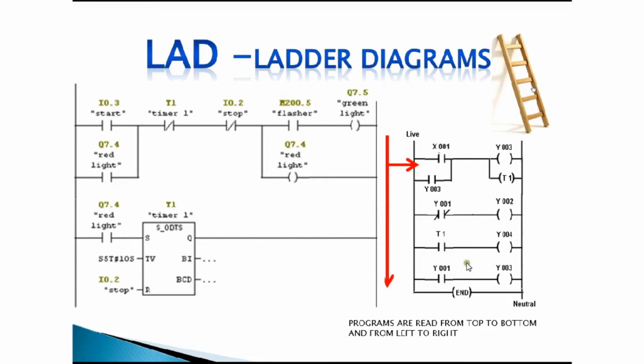In my next rung, I have a normally closed switch and another output coil. In the third rung, I have a normally open switch, and the fourth rung, a normally open switch and another contactor. And finally, I have one more rung with an open switch and another contactor.